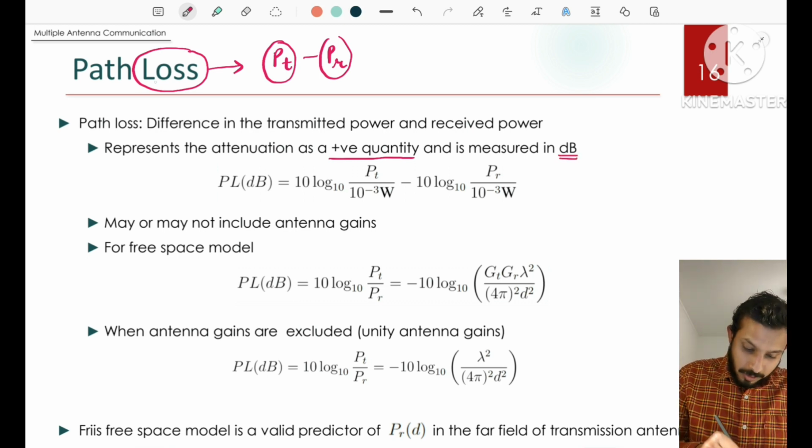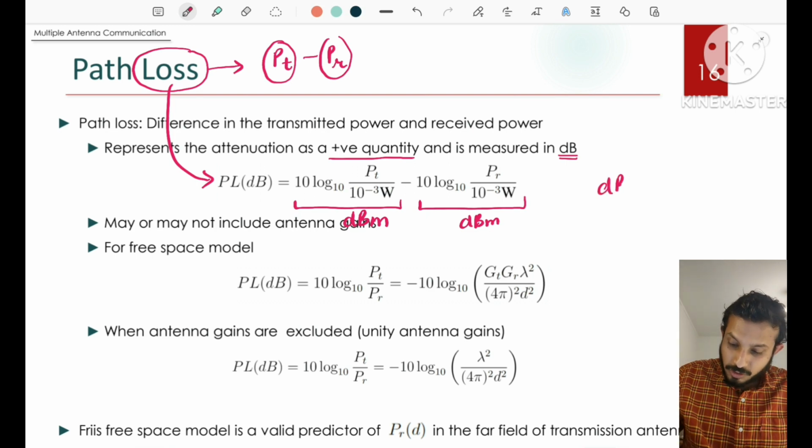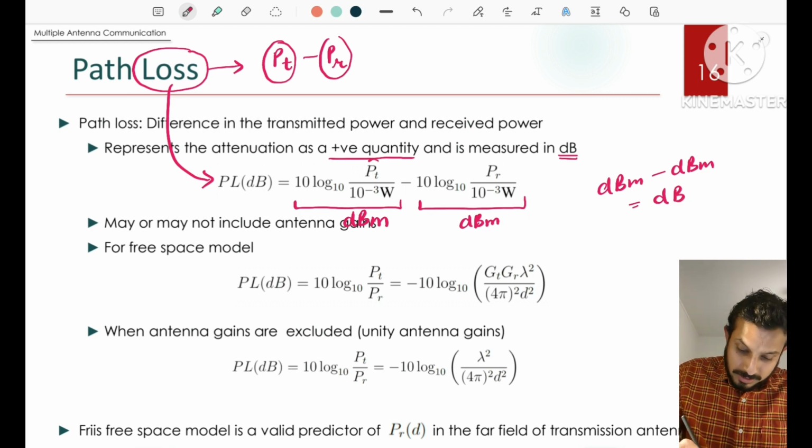So the path loss is given as the difference between the transmit power expressed in dBm and the received power in dBm. And if we take the difference of dBm, we are left with dB, when Pt and Pr are represented in milliwatts.